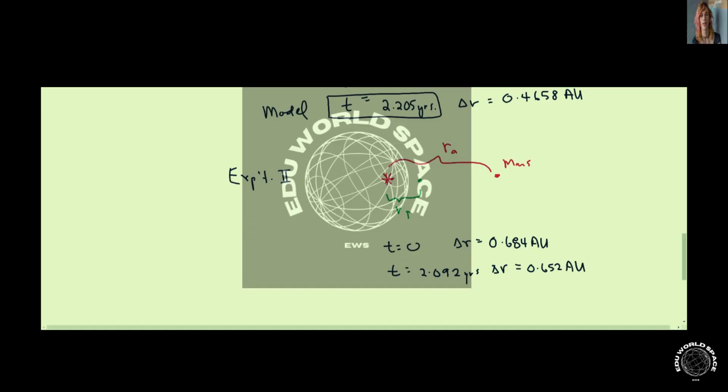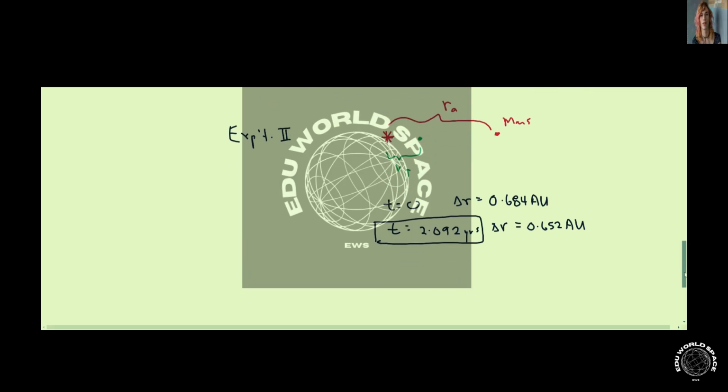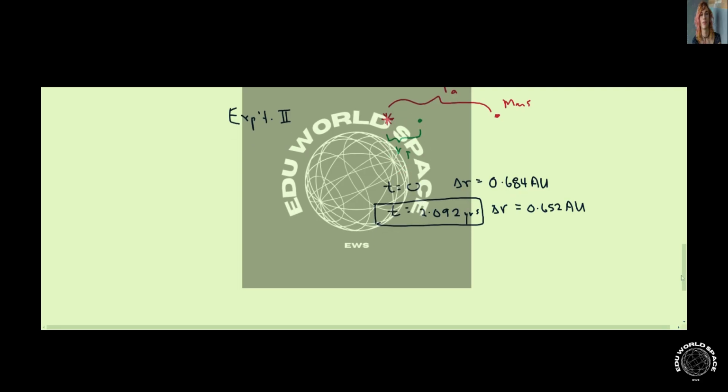So again, we see that the separation between the two changes from opposition to opposition. Again, evidence that these are not circular orbits. And the time varies. Neither one was precisely with the calculation, although they were close. But again, this is what is to be expected with non-uniform elliptical motion under gravity. So very interesting.